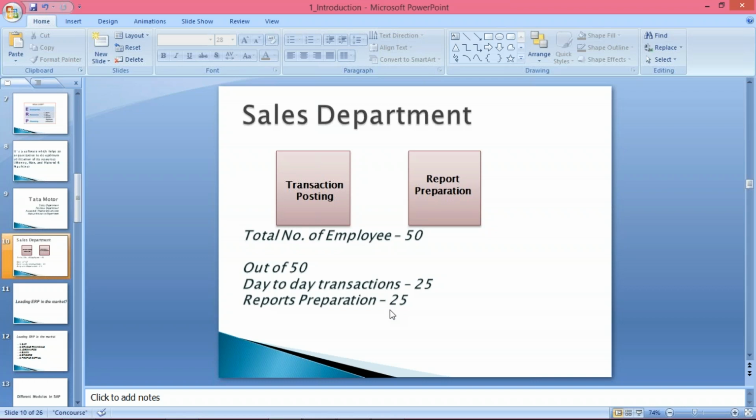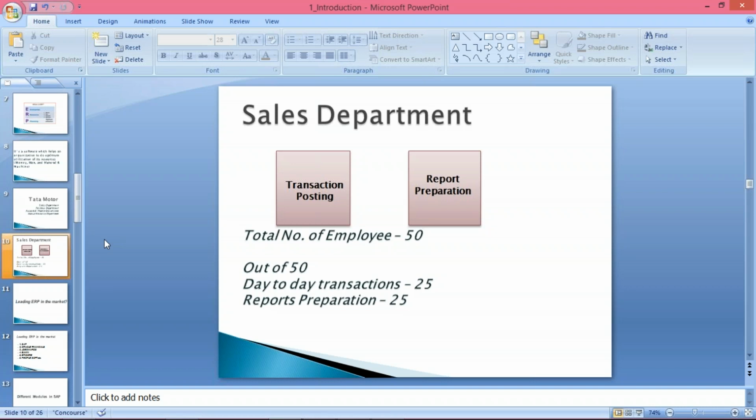So this is how SAP, or ERP, is going to help Tata Motor or any such organization to do optimum or maximum utilization of its resources. Earlier 50 resources were required. Right now the same activity can be performed by 25. So this is how ERP is going to help any organization do optimum utilization of its resources. This is a classic example of the benefit of ERP.